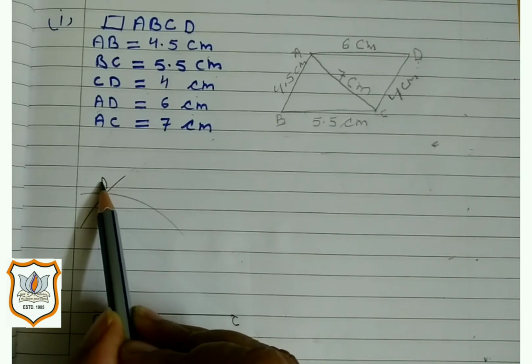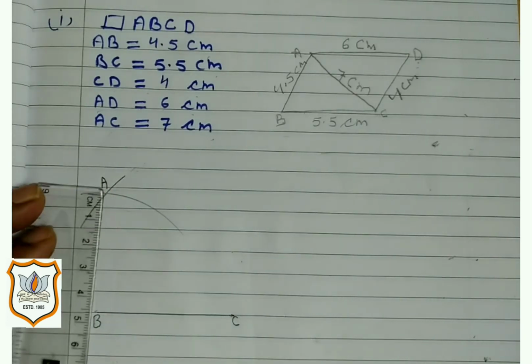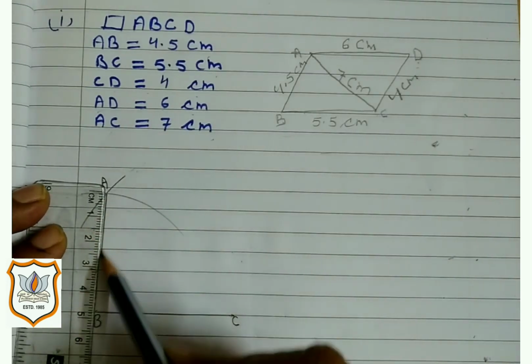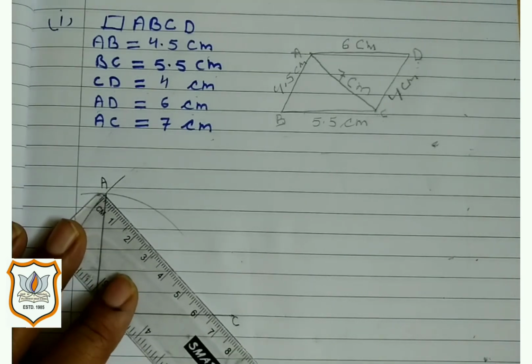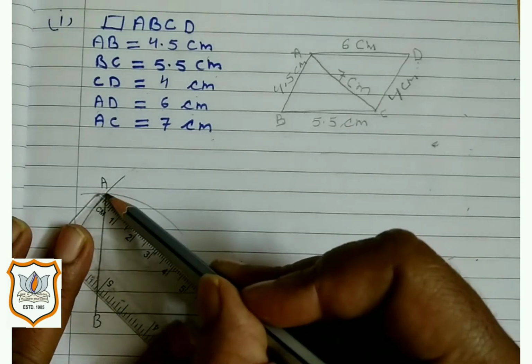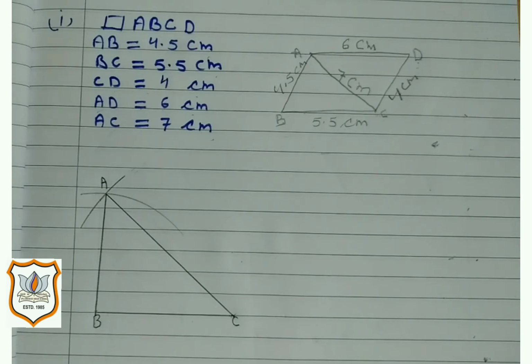This is A. Now we will join points A and B. This is AB, and when we join points A and C, this is AC. Clear, students?